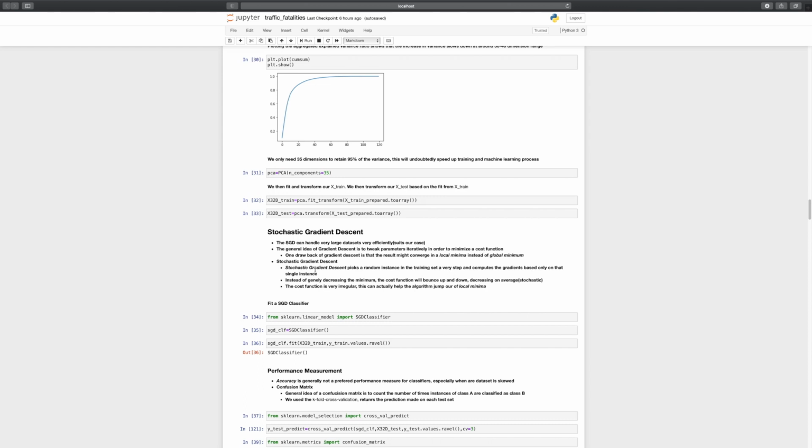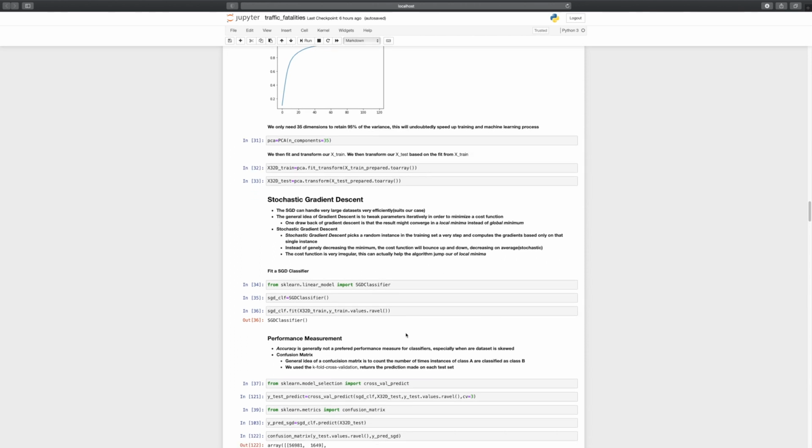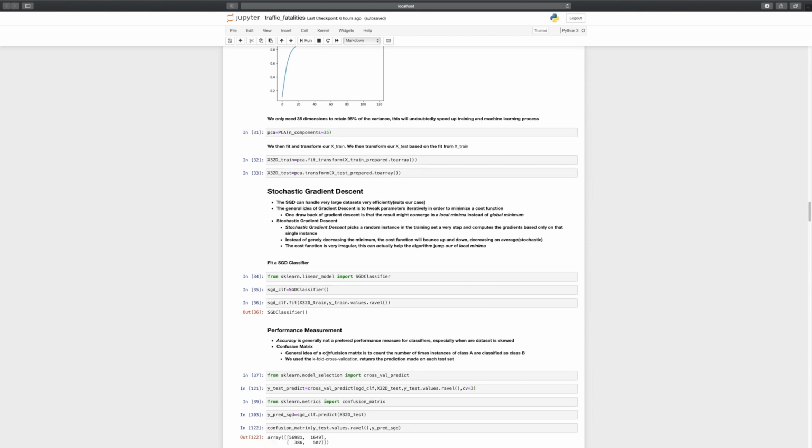That's why I use stochastic gradient descent, because it picks a random instance in the training set at every step and computes the gradients based only on that single instance. As a result, we are more likely to be able to jump out of the local minimum and find the global minimum.